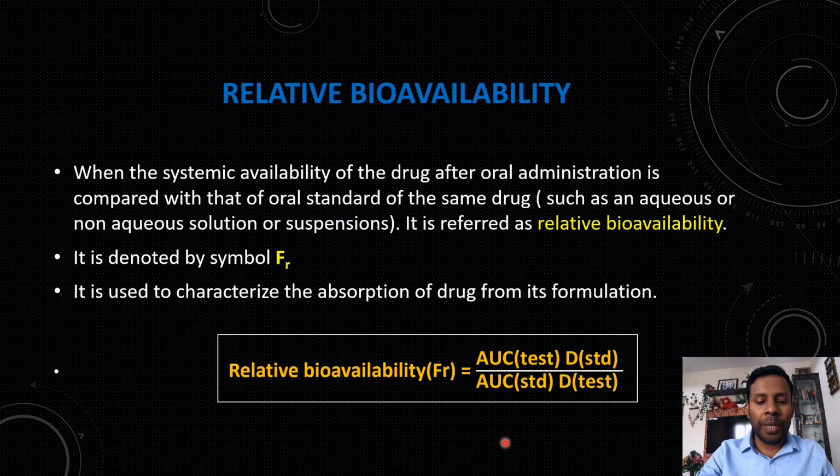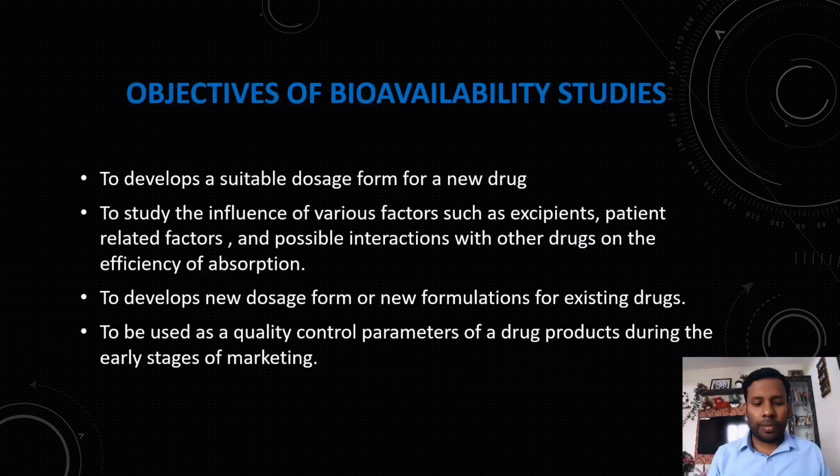That ratio will be given as relative bioavailability. So in case of absolute bioavailability, we are comparing the oral route with intravenous route. In case of relative bioavailability, we are comparing the test and standard of the same oral route. So these are two types of bioavailability: absolute bioavailability denoted by symbol F and relative bioavailability denoted by symbol FR.